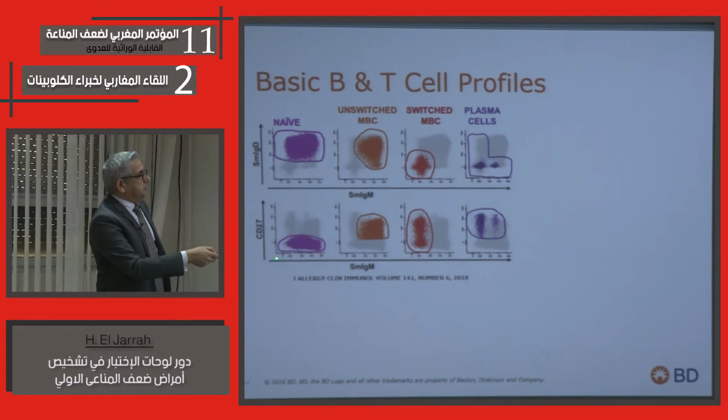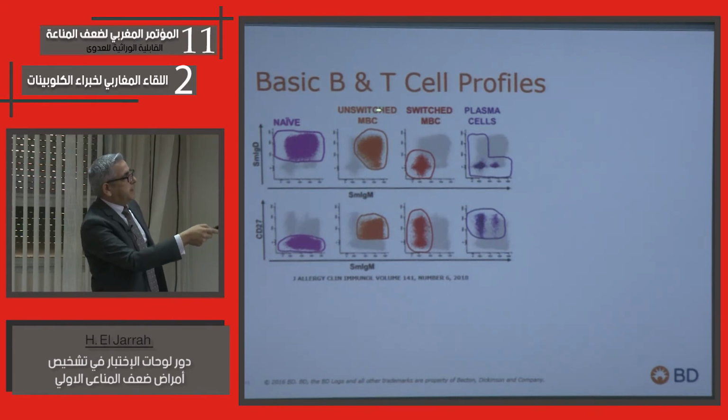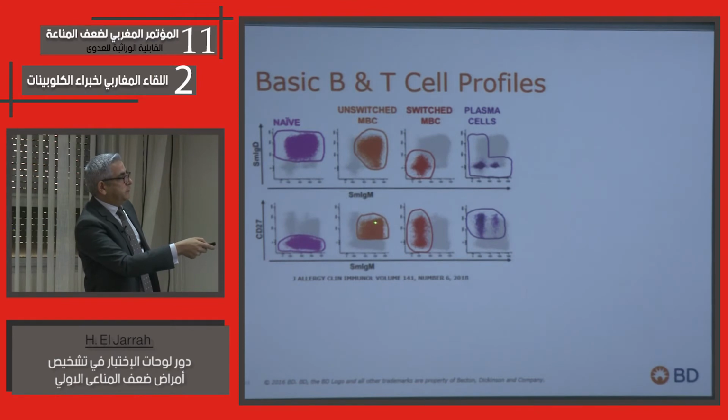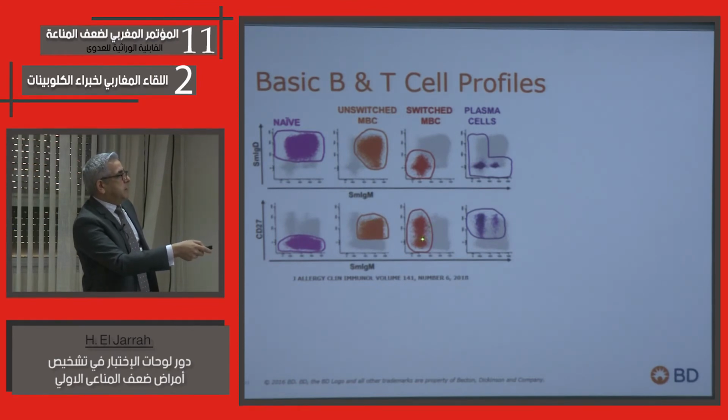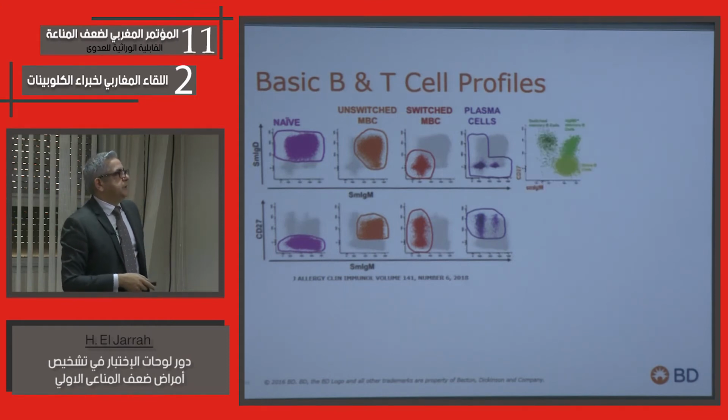And if we look at IgM with CD27, this is where we expect to see the unswitched being CD27 positive, and of course, surface M positive. The switched ones would lose the IgM and have the CD27, while plasma cells would have CD27 and not IgM.